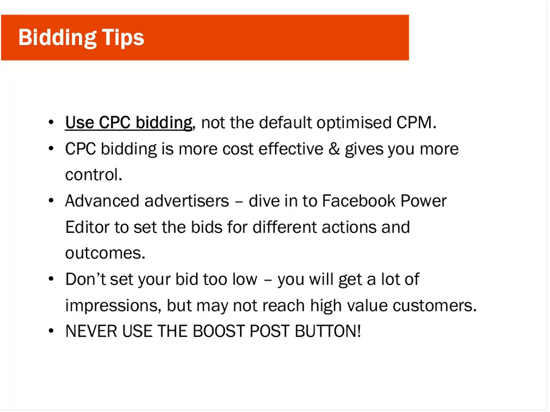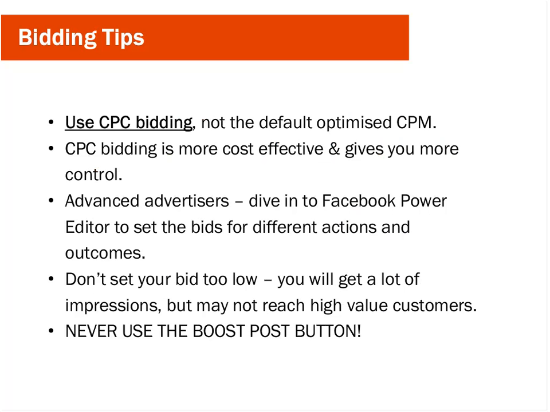So some bidding tips for you when setting up your campaigns. Please use cost per click bidding. Do not use the default optimised CPM. This is just our experience that cost per click bidding is far more cost effective, and it really gives you more control over your budget, how much you're spending for particular actions and those results.